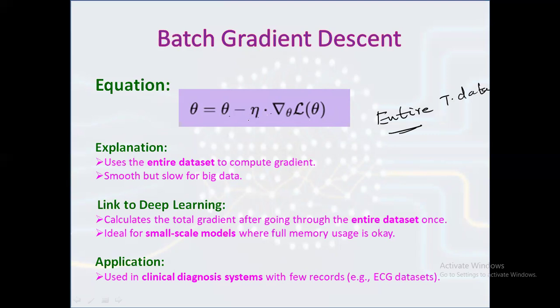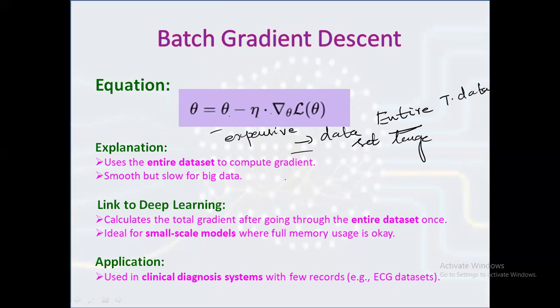This method provides a highly accurate gradient since it uses all the data, but it becomes computationally expensive and slow when data sets are very large. It also requires storing the whole data set in memory, which is another drawback and is often impractical.